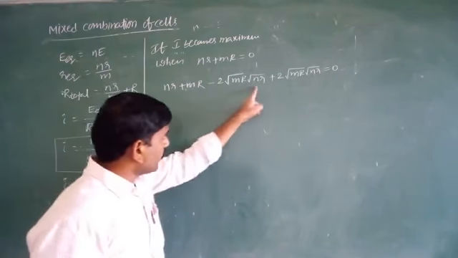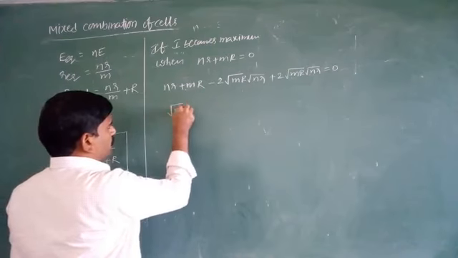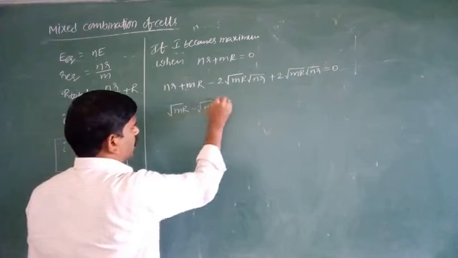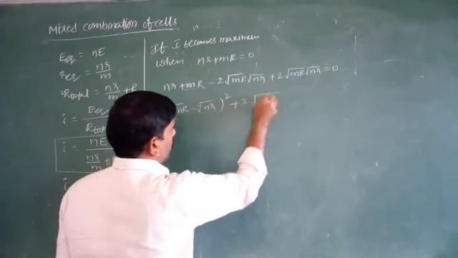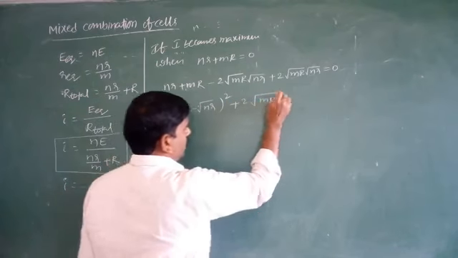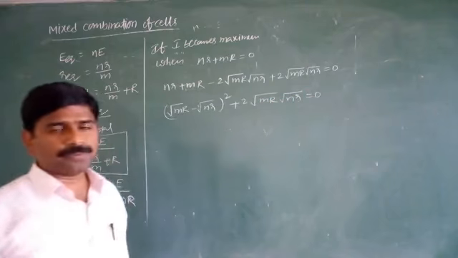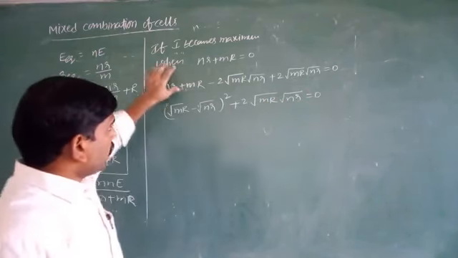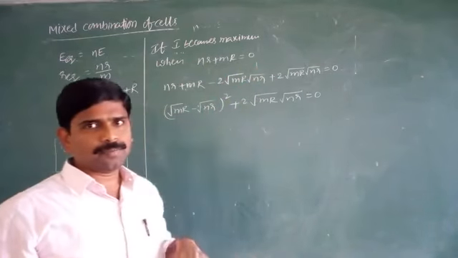Right now, I am writing this like this: square root of mR minus square root of nr whole square, plus 2 into square root of mR into square root of nr is equal to 0. So we are not changing the term; we added and subtracted some extra term.